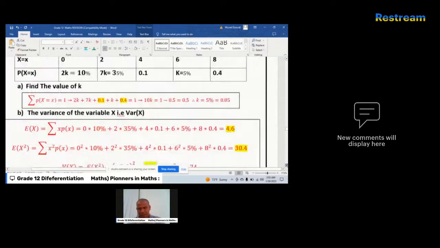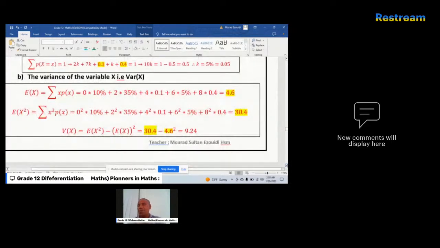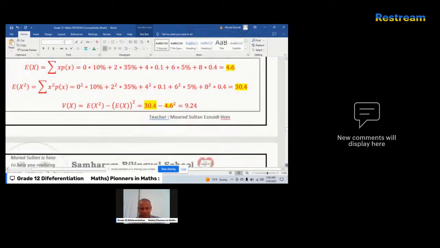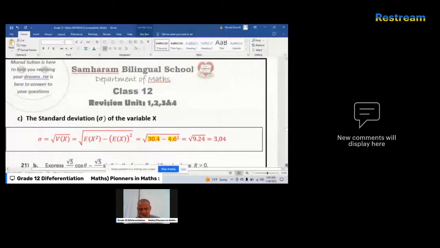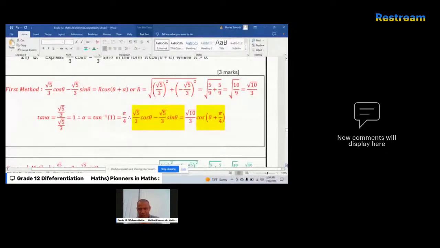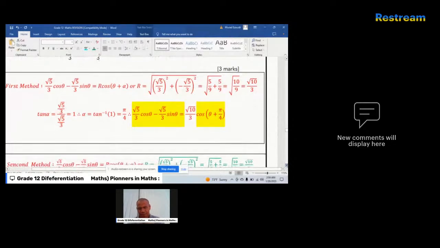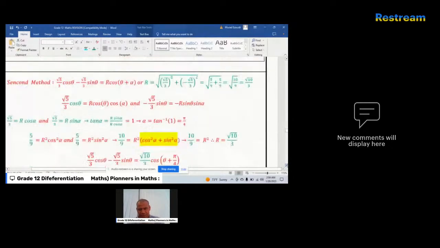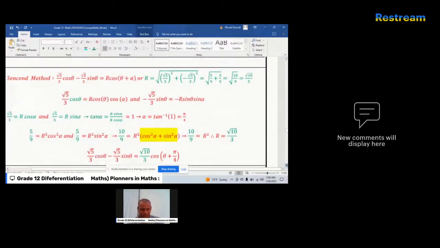We solved problems about probability distribution and expectation value or mean, and variance and standard deviation. I'm looking for exercises. Learners, it's very important. Try to focus on this example so that you will never be surprised while examining.